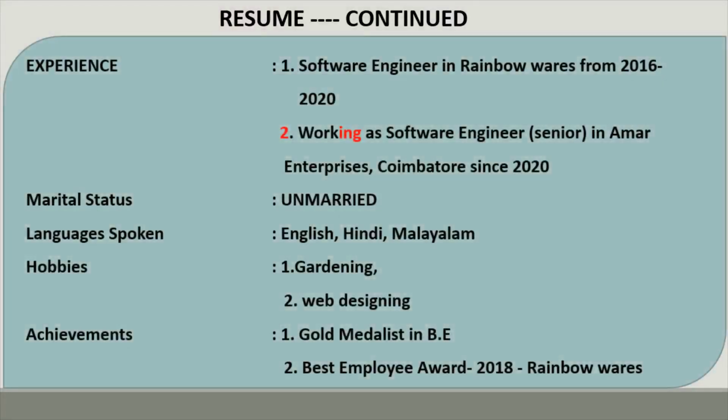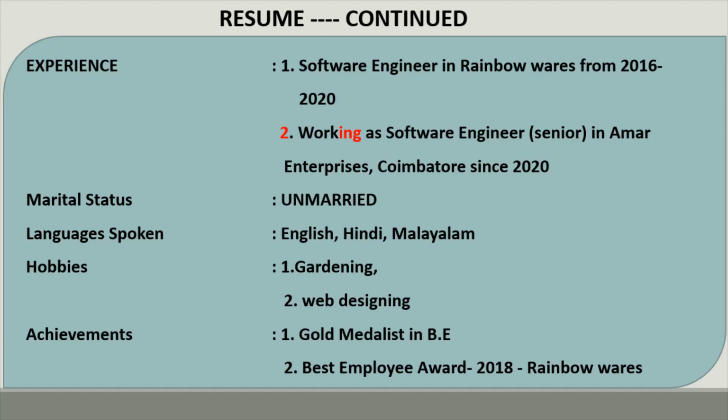This slide acquaints us with the next 5 parts of the biodata: experience, marital status, languages spoken, hobbies and achievements. Whatever may be the experience you are asked to furnish, do split it into 2 or 3 parts of 3 or 4 years each. What is important to remember here is to keep the last part of the experience in working condition.